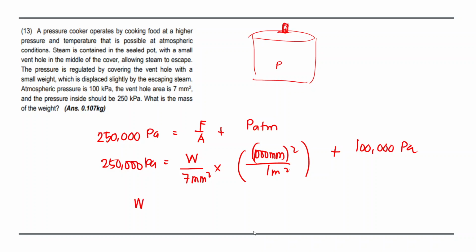So, the weight that comes out here is equivalent to 1,000 squared over 7, 1.05. Okay, that's the weight, so 1.05 Newton.